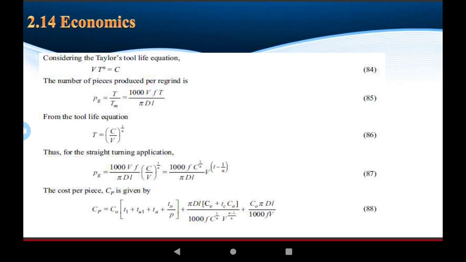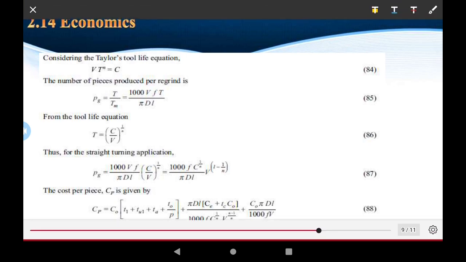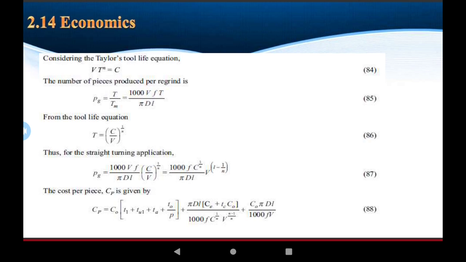This is the equation derived for the tool life, Taylor's tool life equation, and this is the value used to find this operation.